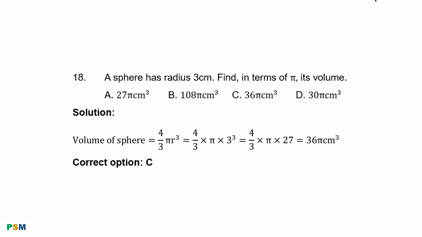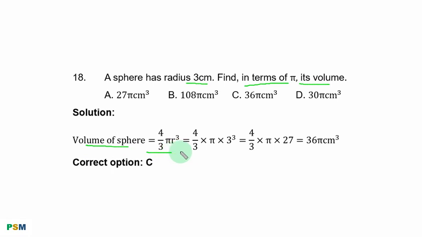Question 18. A sphere has radius 3 cm. Find in terms of pi its volume. Solution. Volume of a sphere is given by this formula. You replace the radius with 3, leaving pi, because your answer should be expressed in terms of pi.